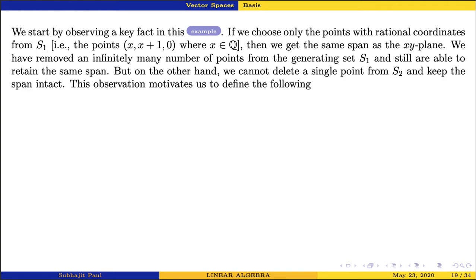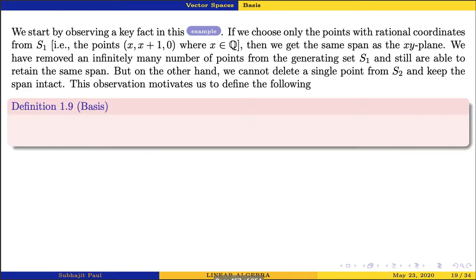So this observation motivates us to define the following definition of a basis.